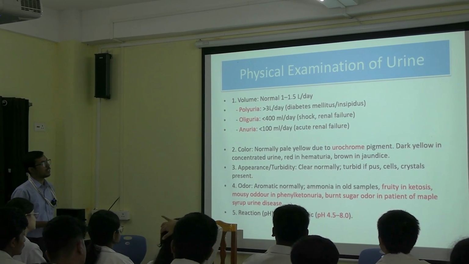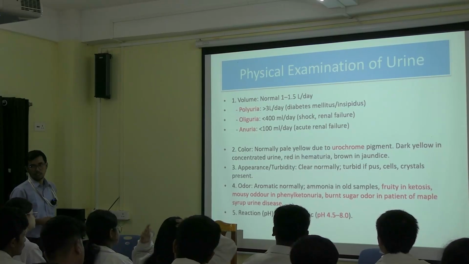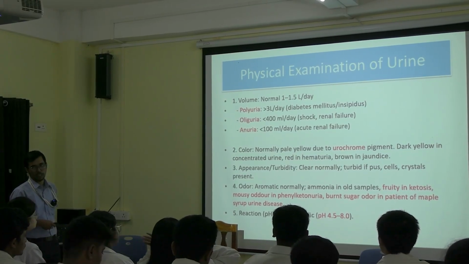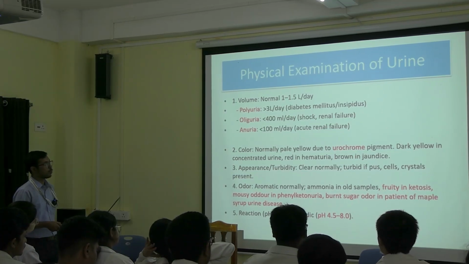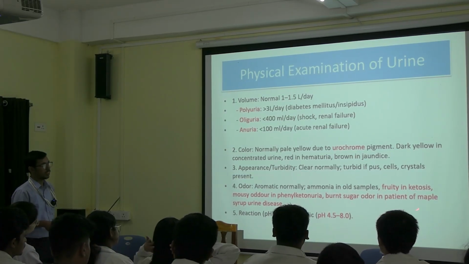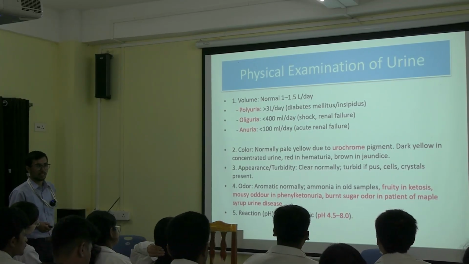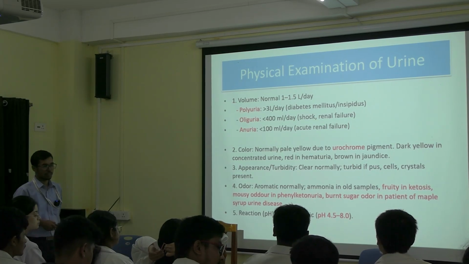There is a mousy odor in phenylketonuria, a specific characteristic odor. Then there is a burnt sugar odor in maple syrup urine disease. These metabolic diseases, phenylketonuria and maple syrup urine disease, give a specific smell to the urine.